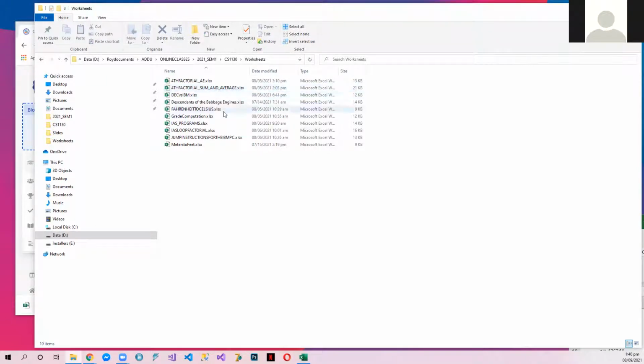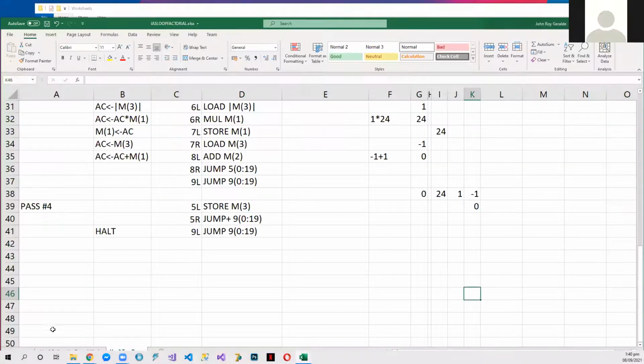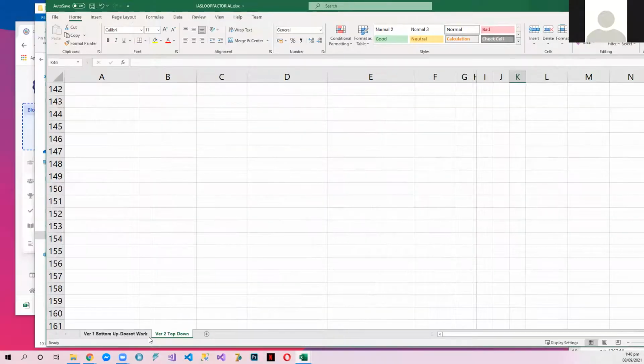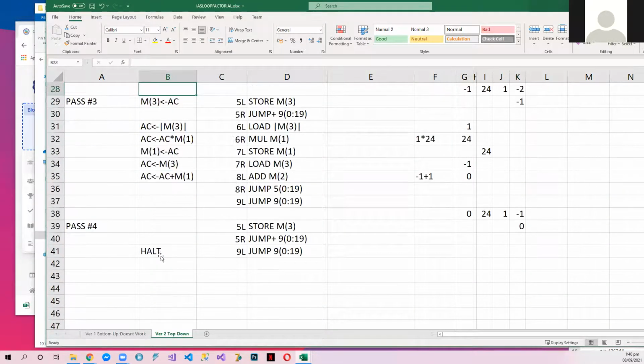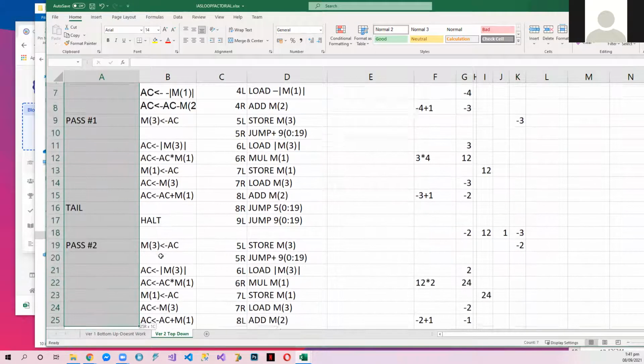So we have here the IAS loop factorial. The significant part of the program is the looping part. So how can we make a program to compute the sum of the first three numbers?